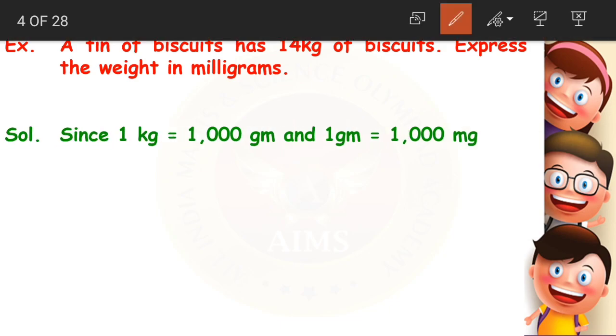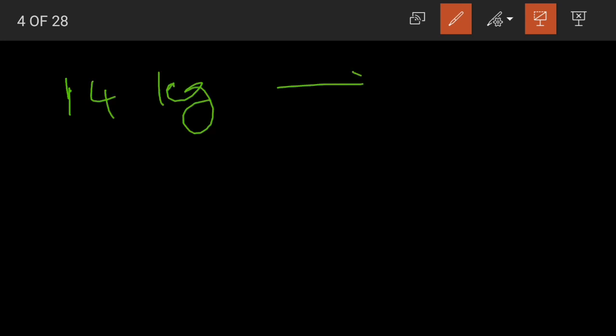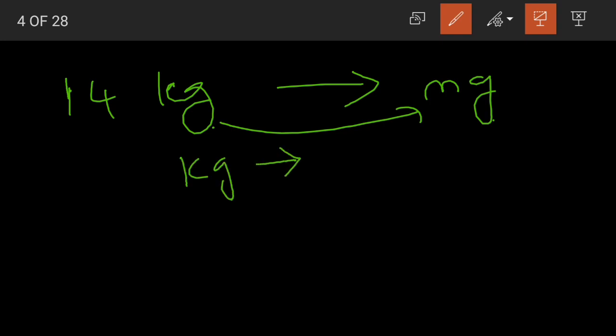Now, first what should we do? What are they saying? One tin has 14 kilograms of biscuits. We should convert it into milligrams, right? But before directly converting kilograms into milligrams, we should first convert kilograms into grams, and then those grams can be converted into milligrams.